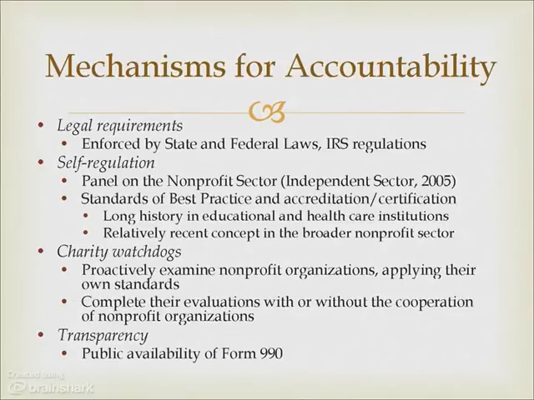So the watchdogs are out there trying to make sure that there are no concerns with how the nonprofit organizations are run, and not too much of the money is going into someone's pocket as opposed to the mission itself. So you've heard about charity watchdogs and what they do and what their role is. So that's a mechanism for accountability.